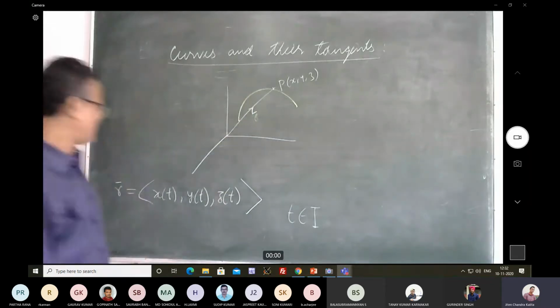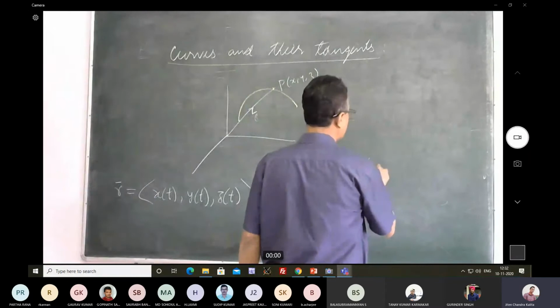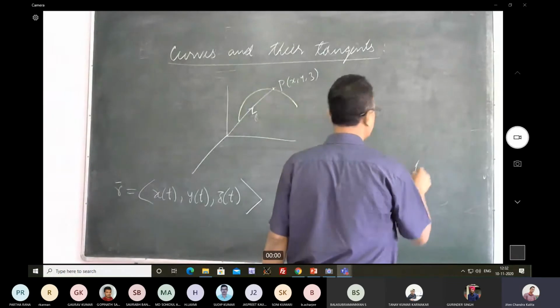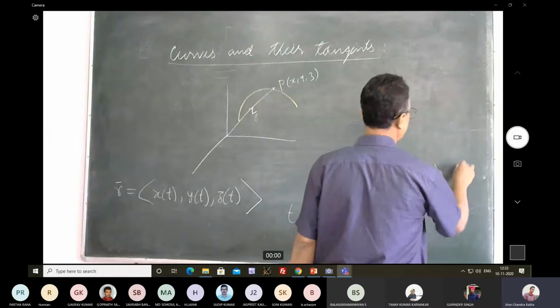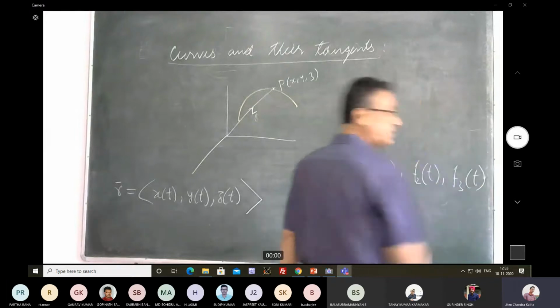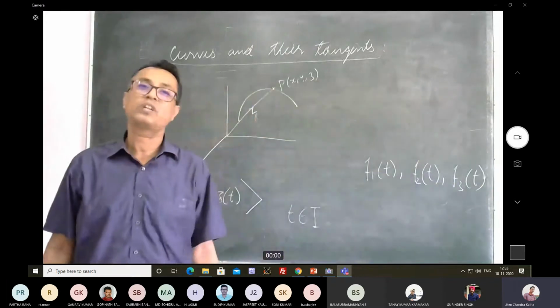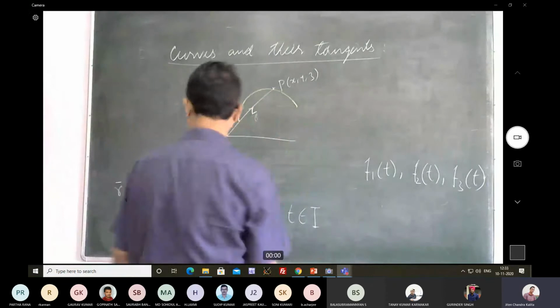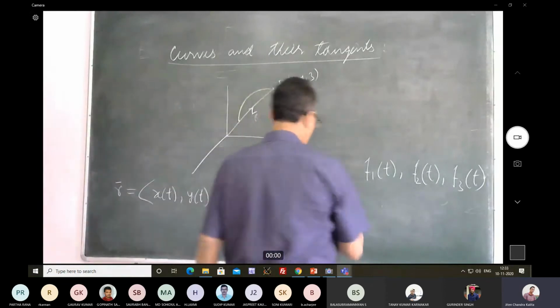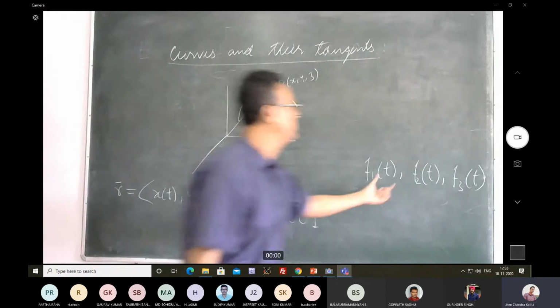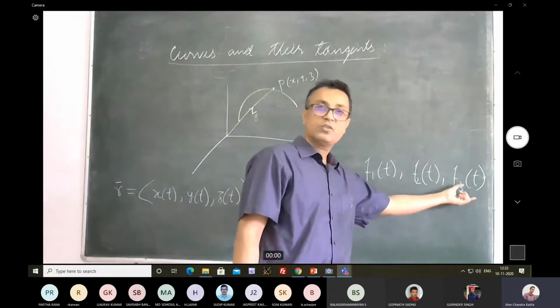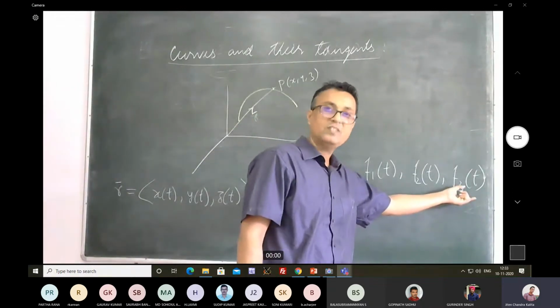But I can take any arbitrary, continuously differentiable functions f1(t), f2(t), and f3(t). They may not represent the coordinates of a point. Even then, I can get a space curve out of this. Is it okay?